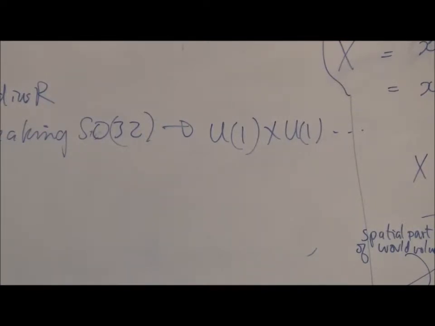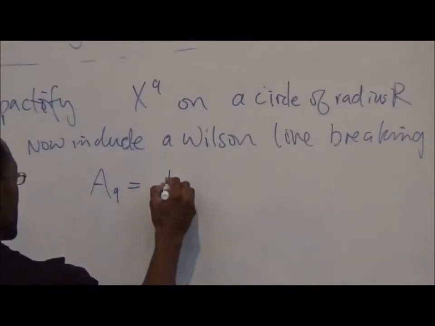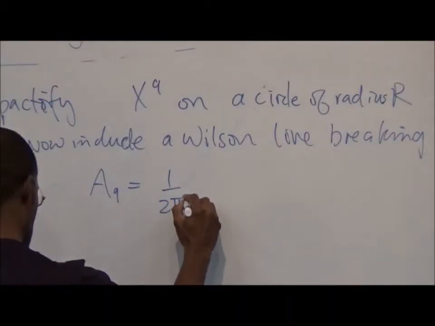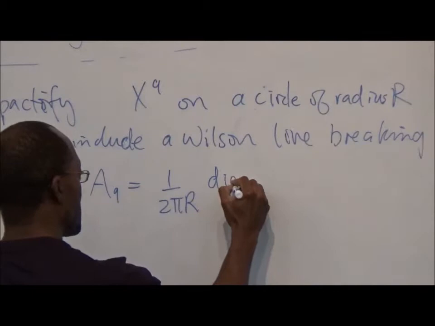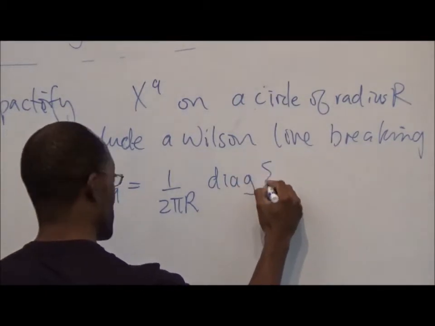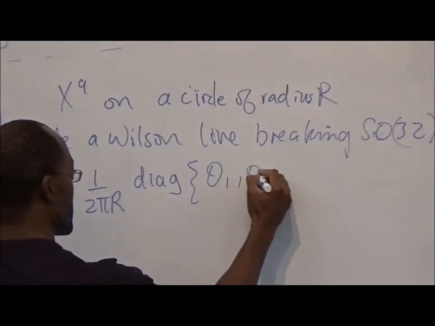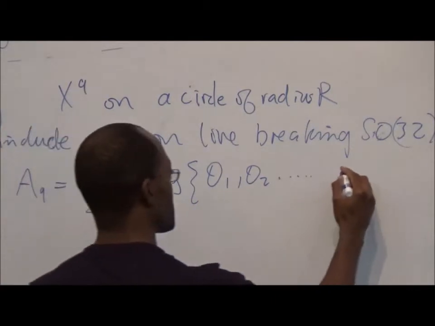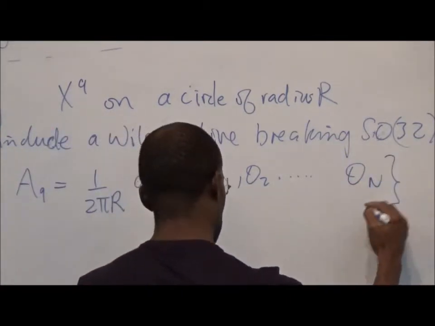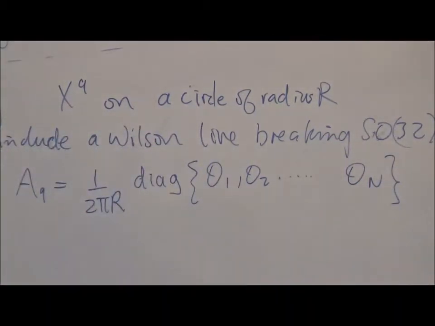component of the gauge field in that direction, A9, to be something. And in the normalization that I'm using here, I'm just going to write the obvious diagonal matrix, theta.